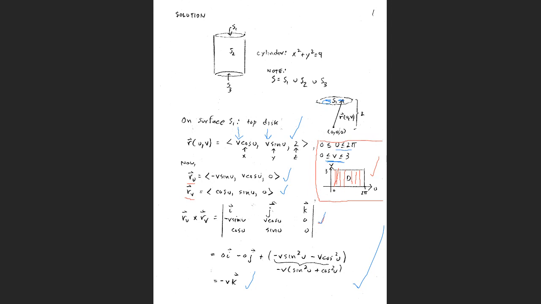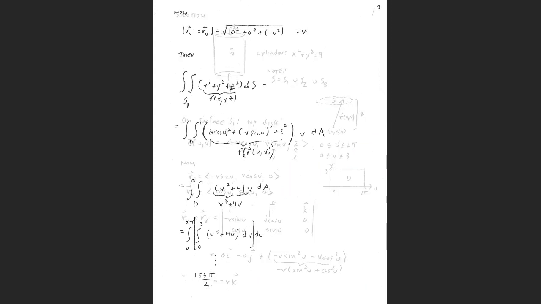Okay. All right, so now the formula says we have to find the length or magnitude of this cross product vector, which equals negative v times the vector k. That's not too hard. The length would just equal v.